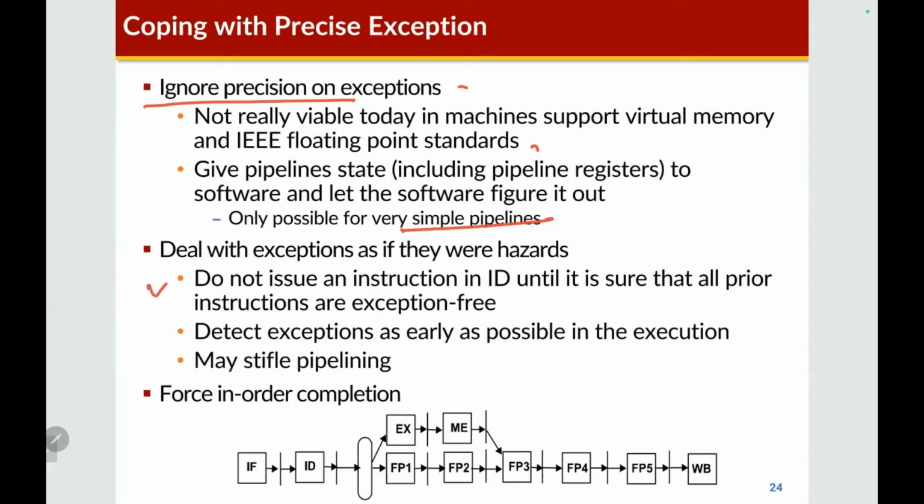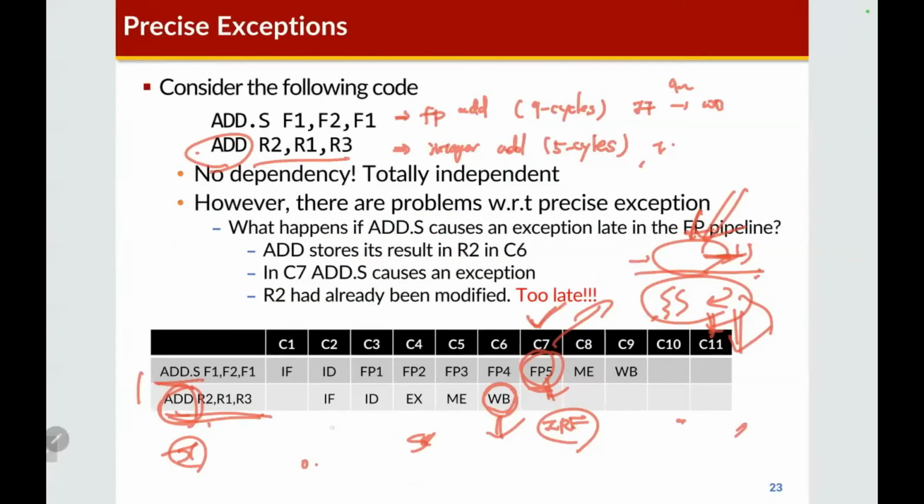And then another possible solution is, if we do not support the precise exception, then we need to consider this case. If the exception can happen in the last stage of the floating point, FP5, or the memory stage and some other stages, then we can stall this add instruction in the ID stage.